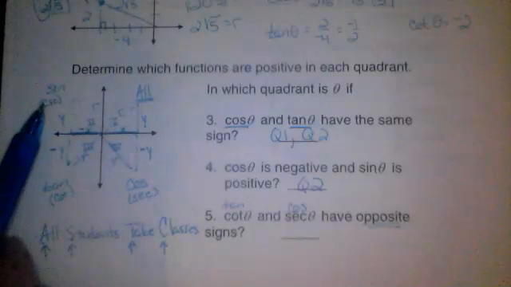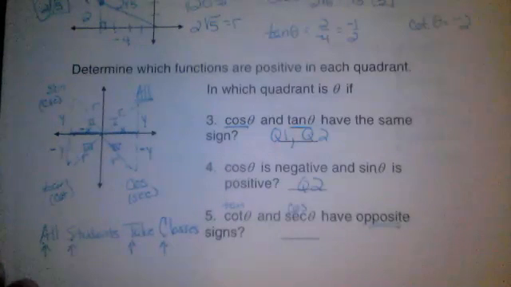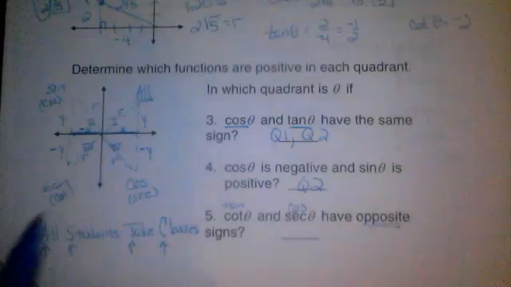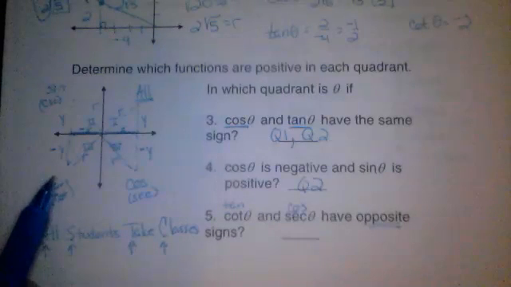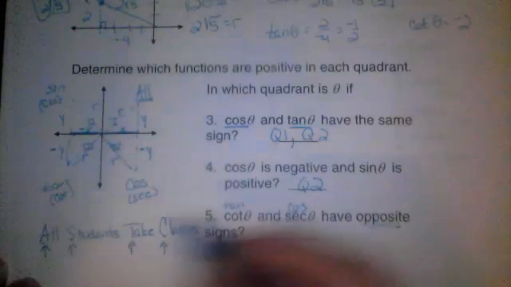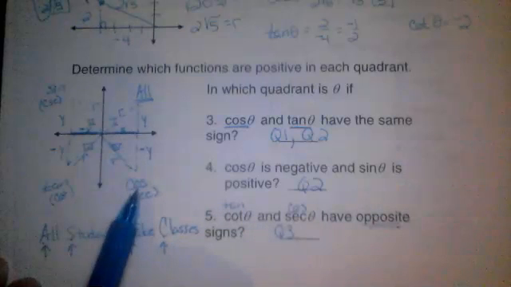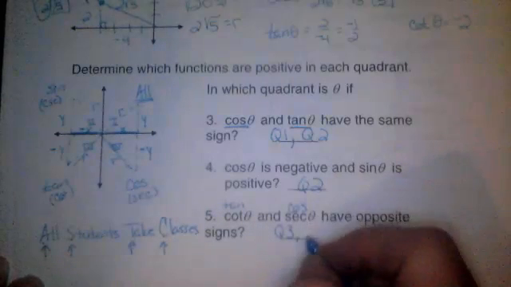In quadrant 2, tangent or cotangent would be negative, but so would cosine, so they're not opposites there. In quadrant 3, tangent is positive, but cosine would be negative. And in quadrant 4, where cosine is positive, tangent is negative.